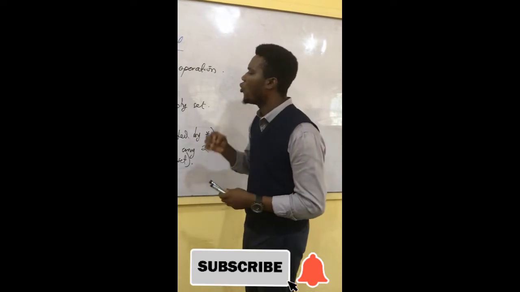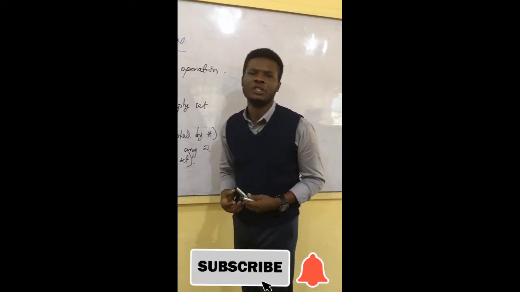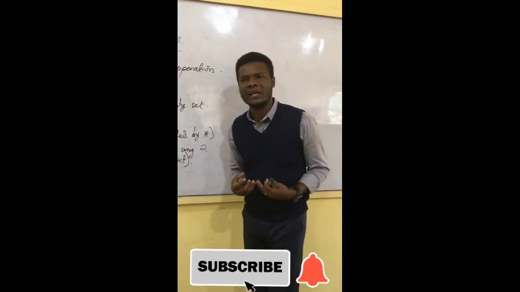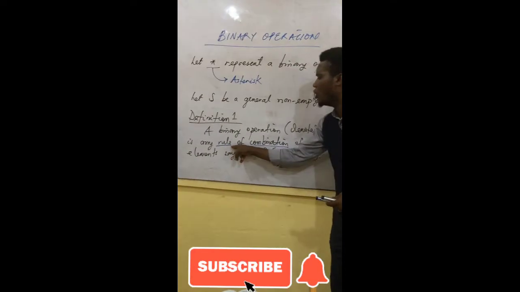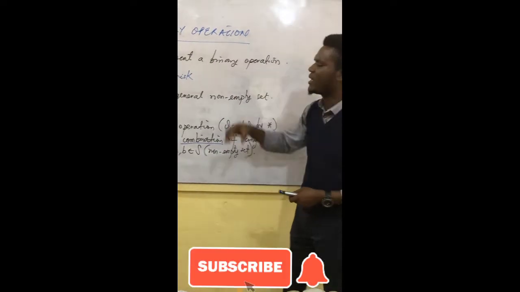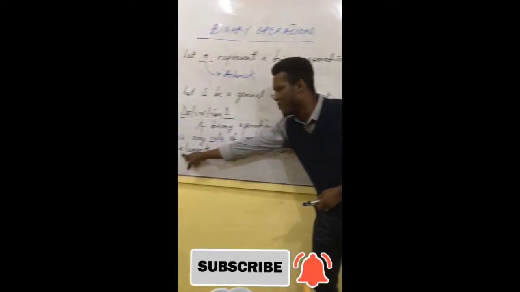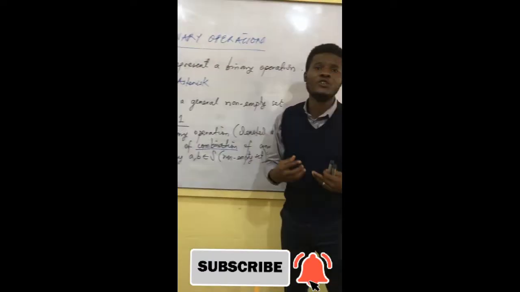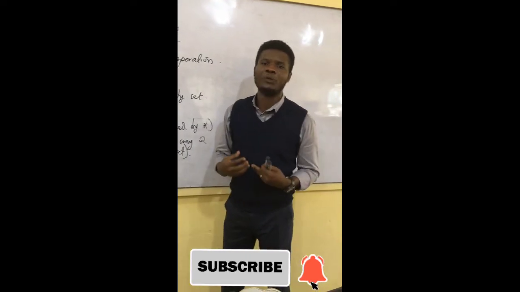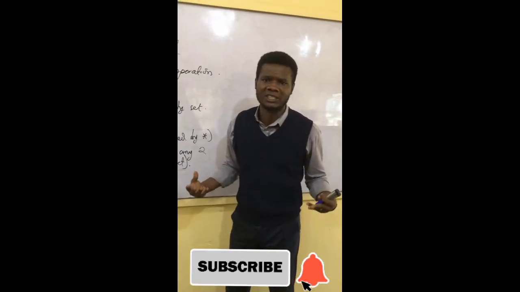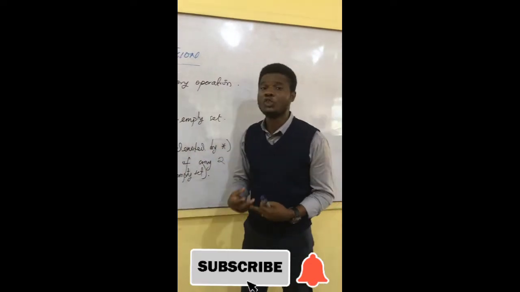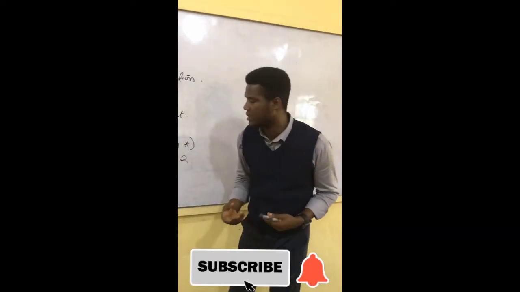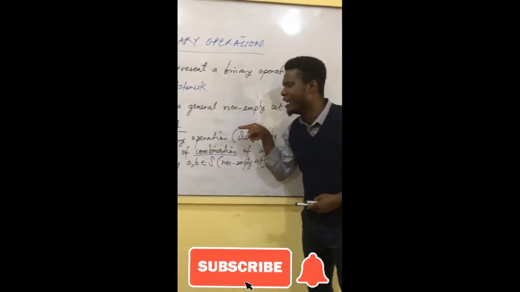Now, what kind of combination does what we call a binary operation do? A binary operation, aside being a rule of combination, specifically combines elements. These elements could be numbers and they could be algebraic entities. So a binary operation combines elements which could be numbers or algebraic entities that are drawn from a non-empty set.